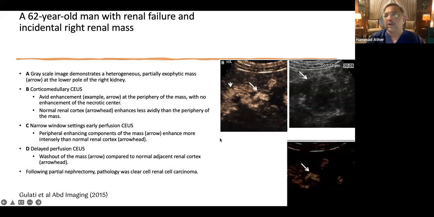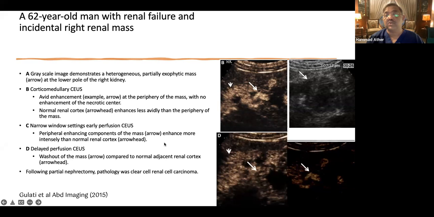So narrow window settings of the contrast enhanced ultrasound, again, more clearly identified that there is an intensely enhancing lesion here, which definitely confirms the presence of a lesion, which is suspicious.